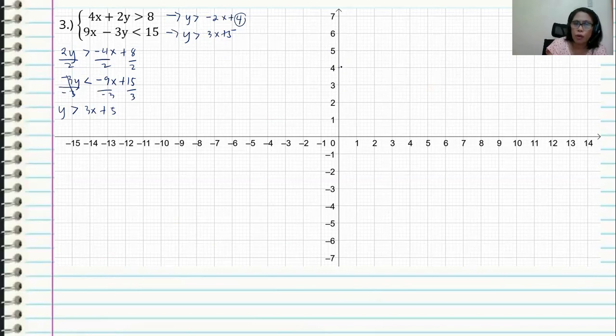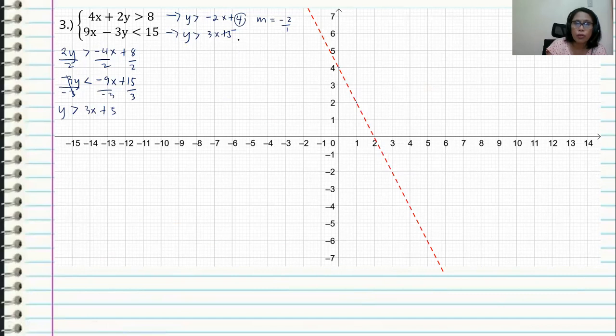And then from this point, we're going to consider the slope, which is the coefficient of x, -2. So this is -2/1. So we will move by 2 units down from 0, 4 and then run by 1 unit to the right. So this is the point. So we're going to connect the points by a dashed line. So we got that.